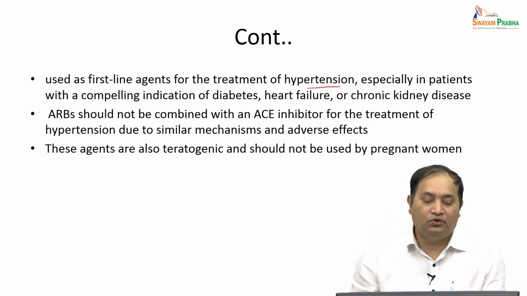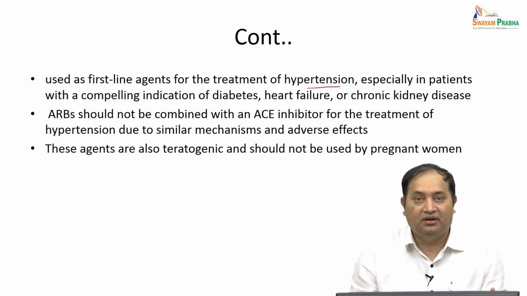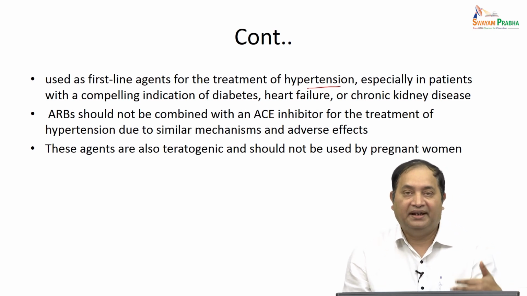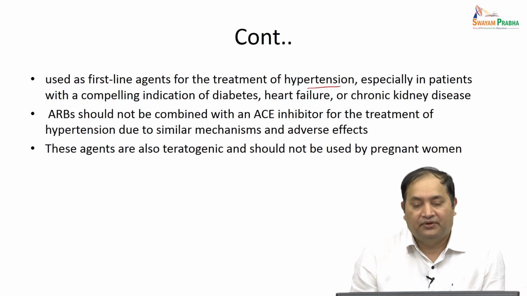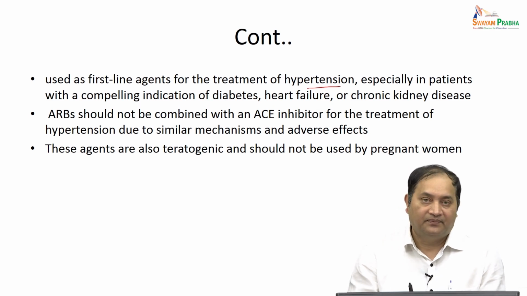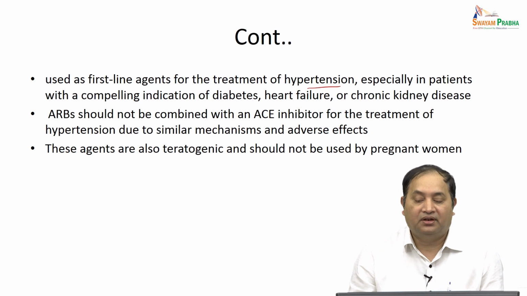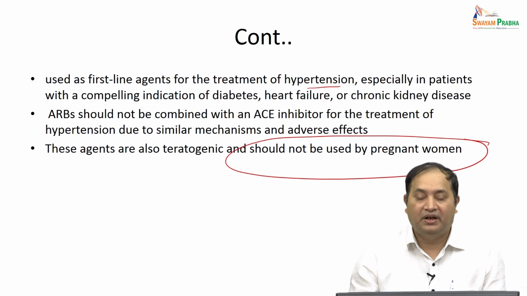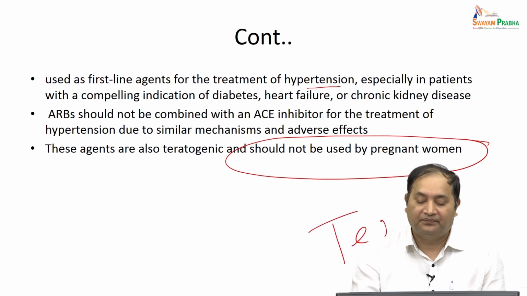Though, the ARB should not be combined with an ACE inhibitor for the treatment of hypertension, the reason being similar mechanism and adverse effects, because it will enhance the untoward effects. So, it should not be combined. This agent is a known agent for teratogenicity, so it should be avoided in pregnancy.